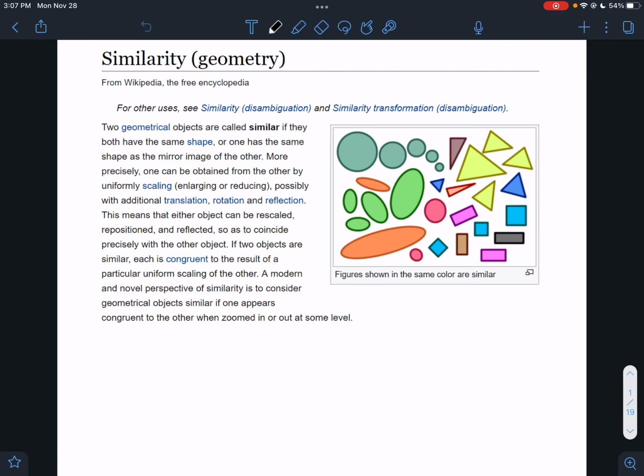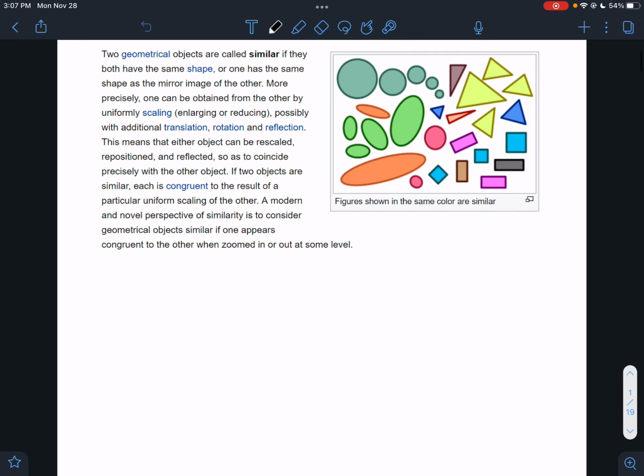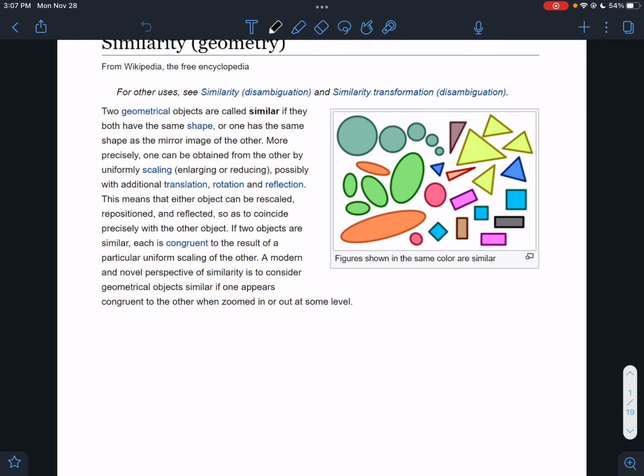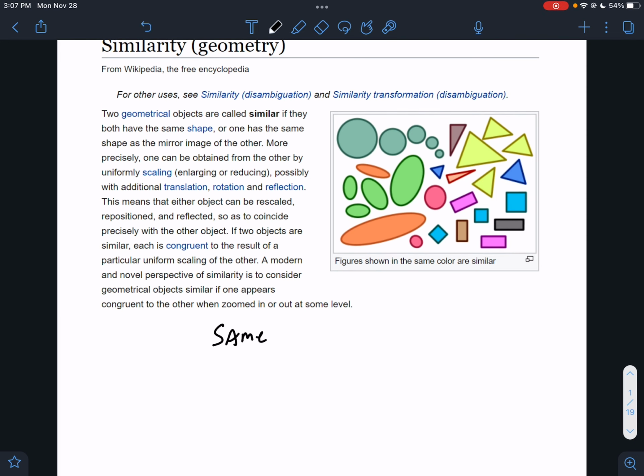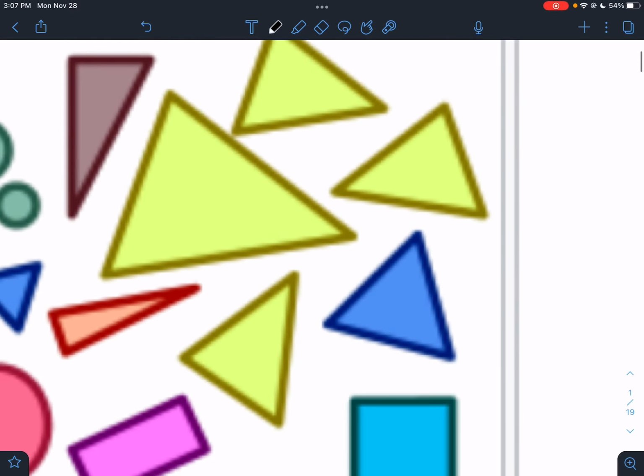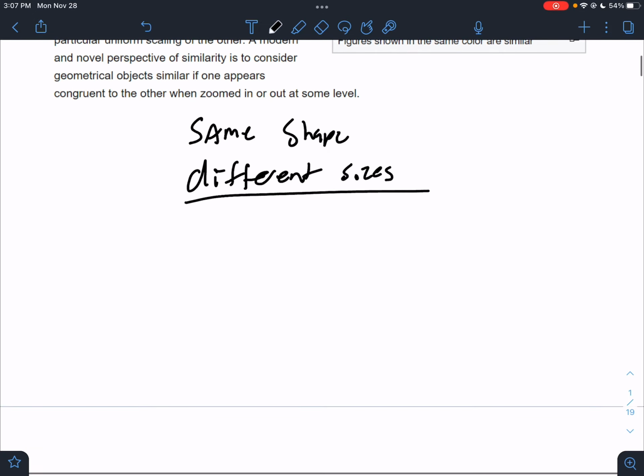First off, what is similarity? At its most basic level, similarity means you have the same shape, but they're different sizes. What determines the shape? What determines what it looks like? Well, that's the angles. So if the angles match, you know that they're the same shape.